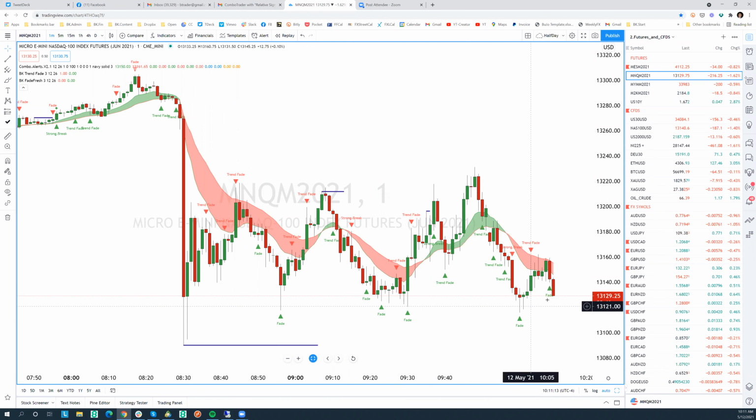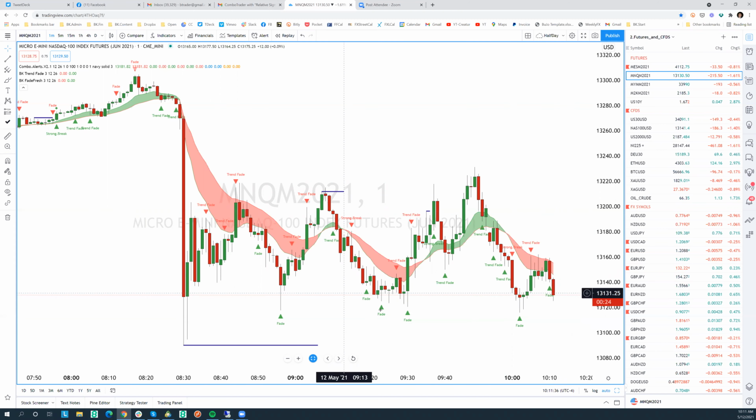Oh, that's interesting. I didn't realize this was a fade. Oh, because these are all tiny little lower lows. Again, you have to reserve some judgment. You can't be blind on these things. I certainly wouldn't have taken that, because it's not a deep trade away from the moving average.